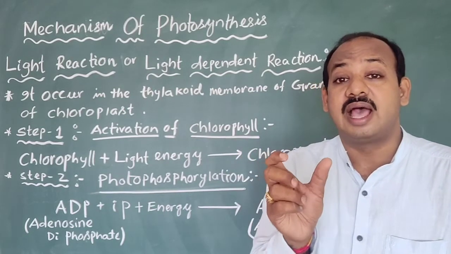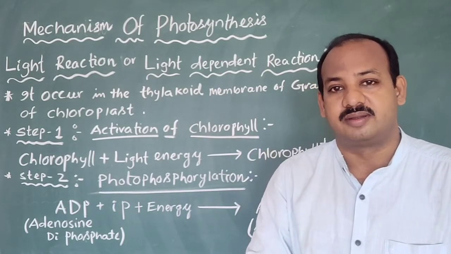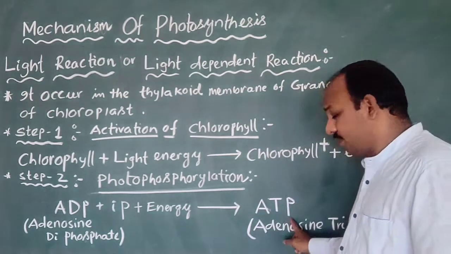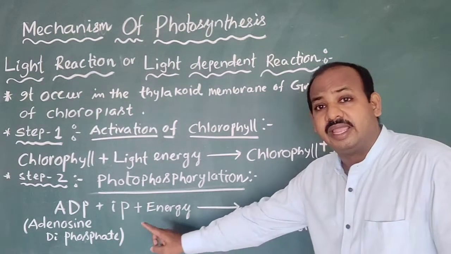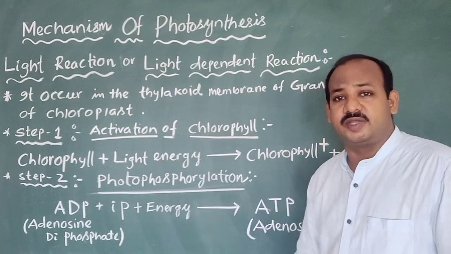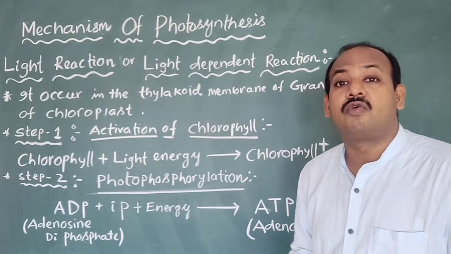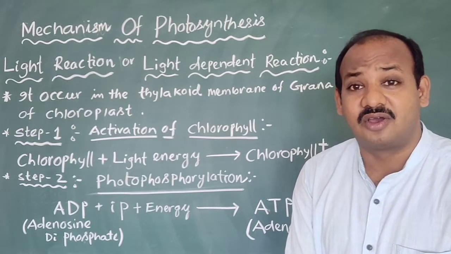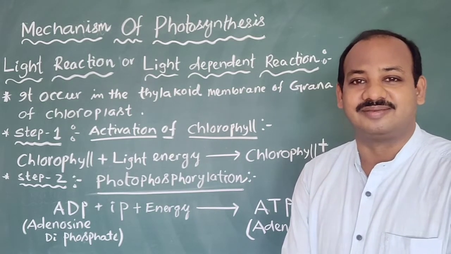That's why it is called assimilatory power. Okay children, so formation of ATP from ADP and inorganic phosphate is called phosphorylation. What is it called? It is called phosphorylation.